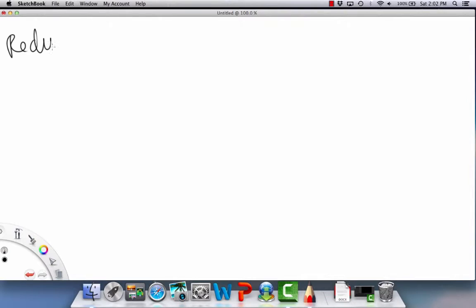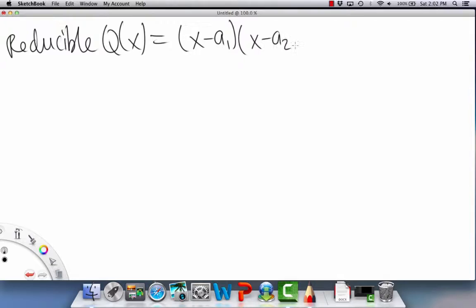When we have a reducible q of x, that means you can break it down into x minus some constant, times x minus another constant, times x minus a third constant, and so on, dot dot dot, just for demonstrative purposes.